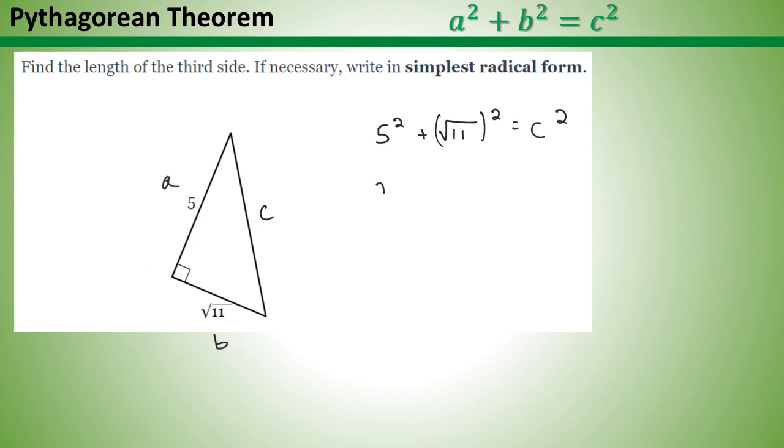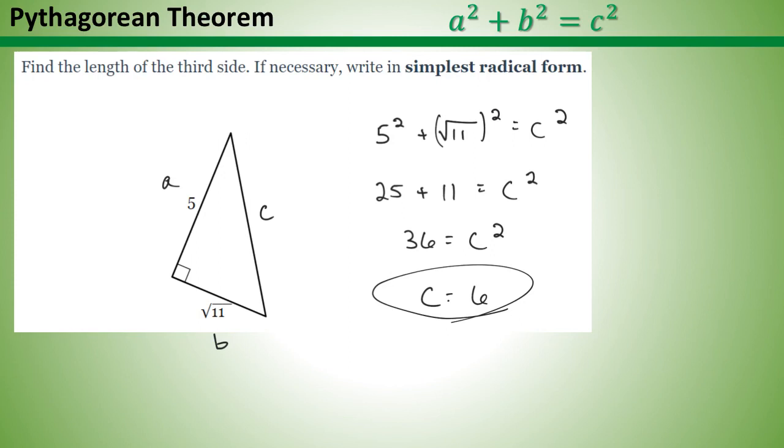So 5 squared is 25 plus 11 is equal to C squared. If I add these together, I get 36 is equal to C squared. And the square root of 36 is going to be just 6. If I happen to get a radical for my answer, I just need to simplify it as much as possible. But 36 is a perfect square, so it came out cleanly.